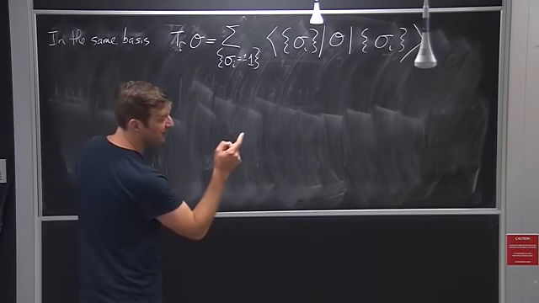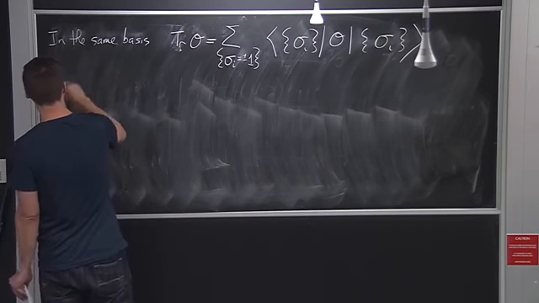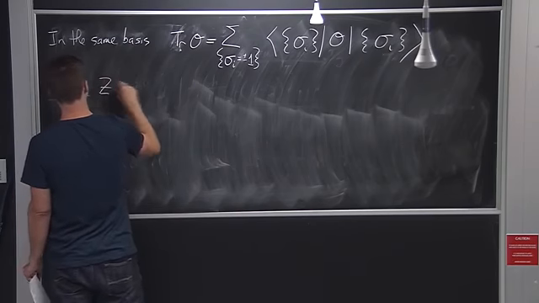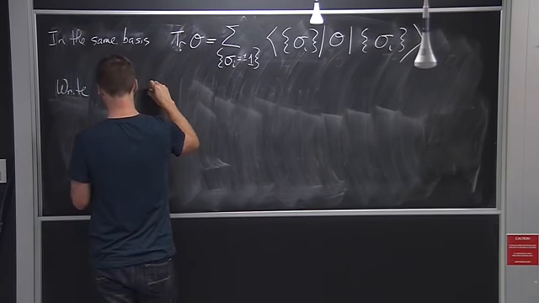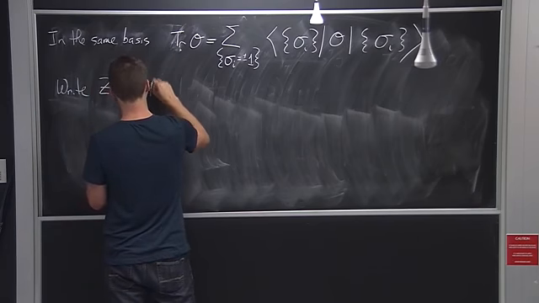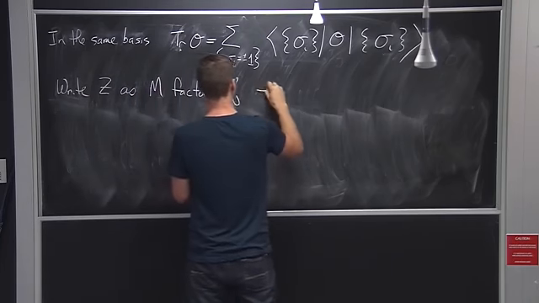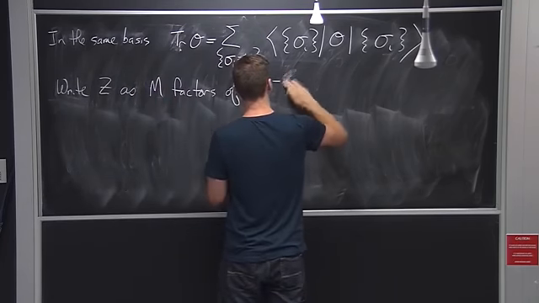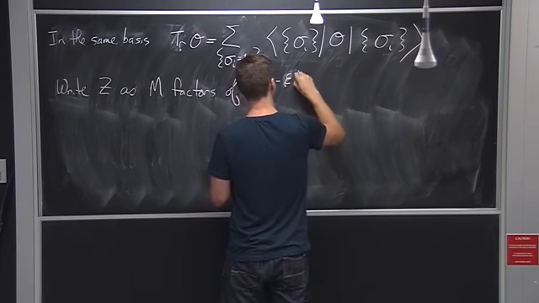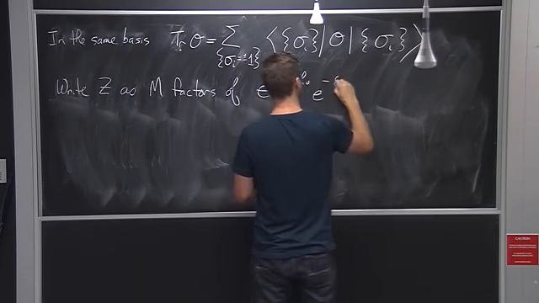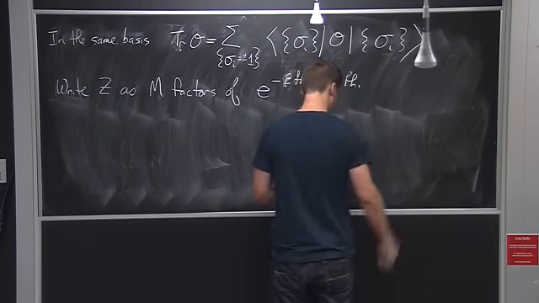So let's write our partition function Z. Oops, not beta, epsilon, h naught, e to the minus epsilon h1.